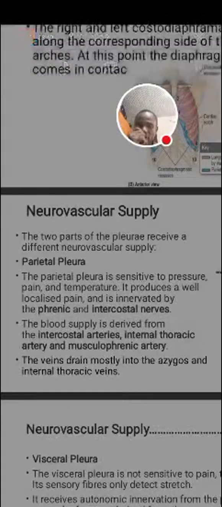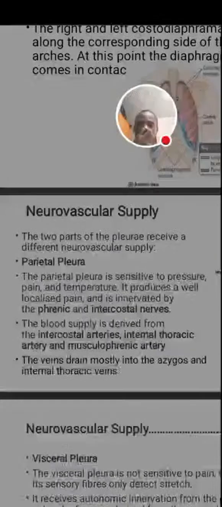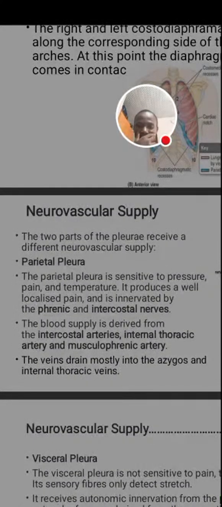The parietal pleura is sensitive to pressure, pain, and temperature. So it produces a well-localized pain and is innervated by the phrenic and intercostal nerves. The blood supply is derived from the intercostal artery, internal thoracic artery, and musculophrenic artery.